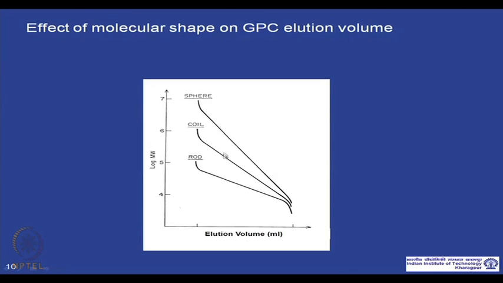This is what we are talking about, the molecular shapes. For a given molecular weight, if you keep the molecular weight and change the shapes from rod to coil to sphere, obviously the sphere will have the lowest size, then coil, then rod.